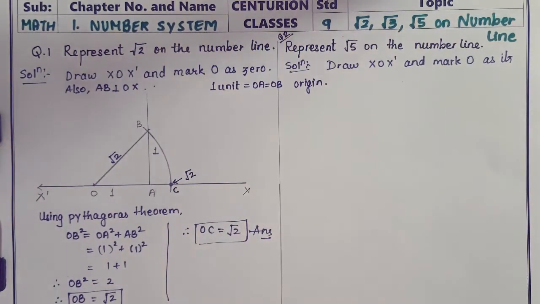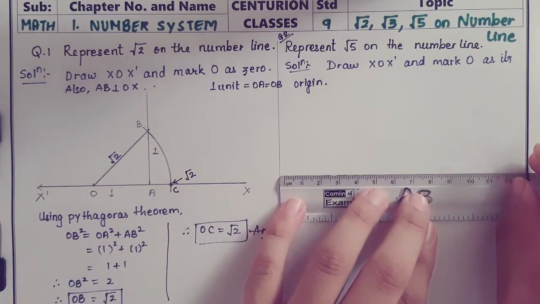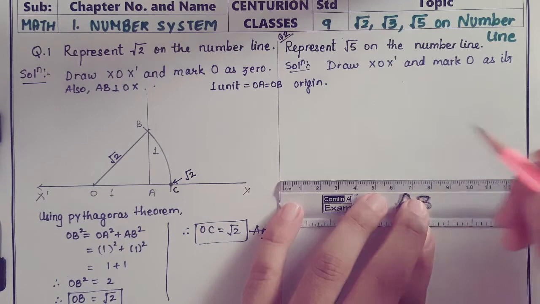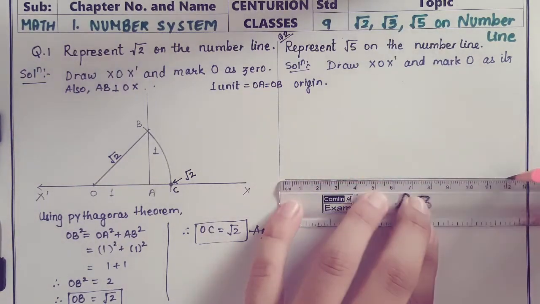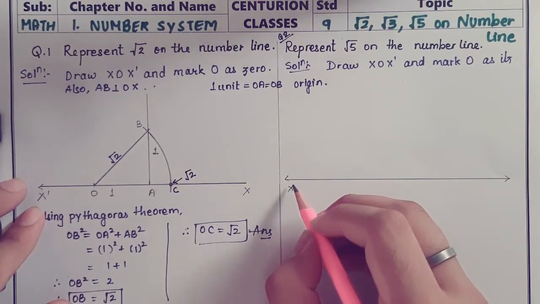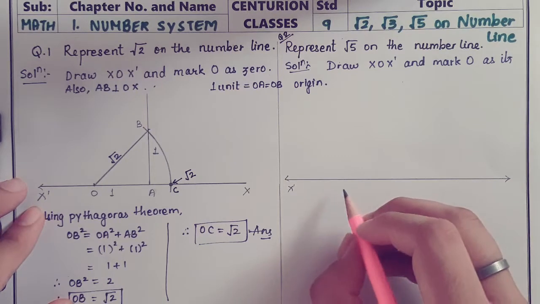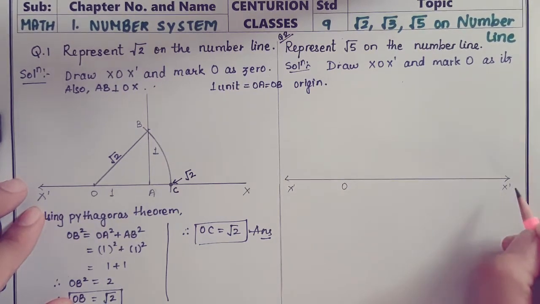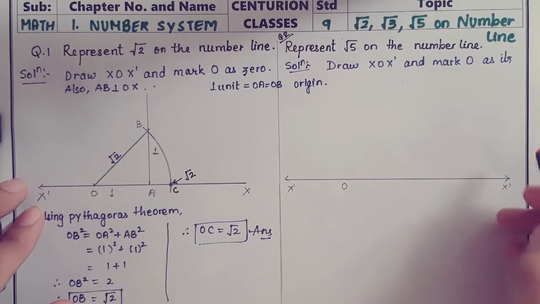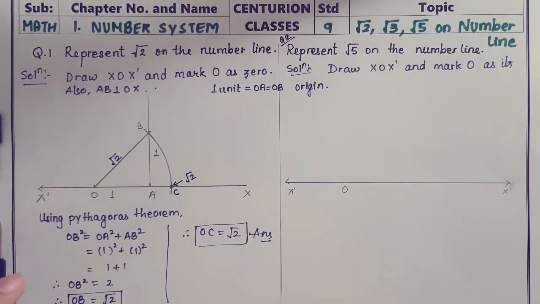Let us draw that part first, and then I'll be talking about the units. So this is X bar, let this be O and this be X. Now this is 0.